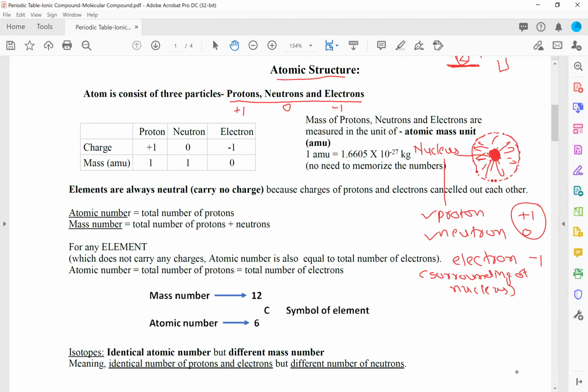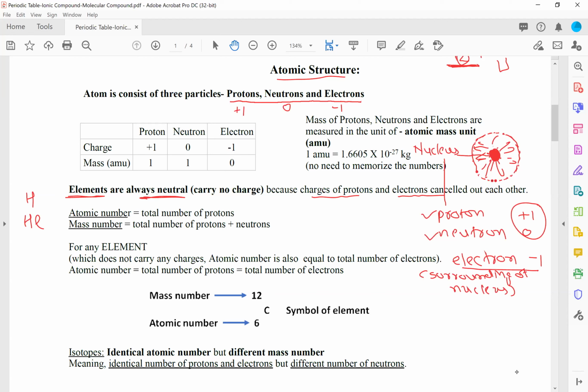And because they have two different charges, when we talk about an element, like hydrogen or helium, whatever element we want to talk about, all these elements are neutral. Neutral means they do not carry any charge. The reason is that the charge of the protons in the nucleus cancels out the charge of the electrons in the surrounding area.